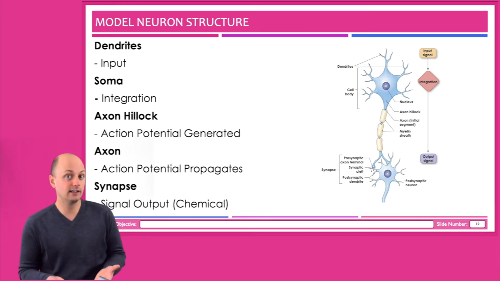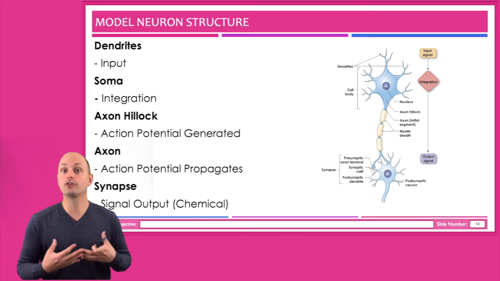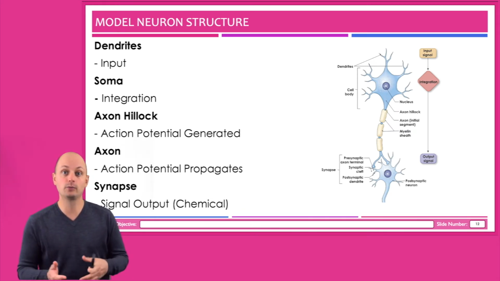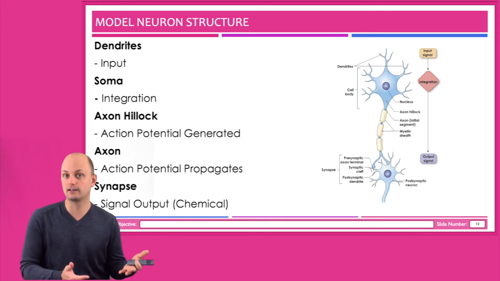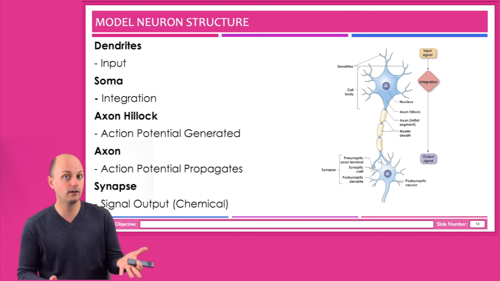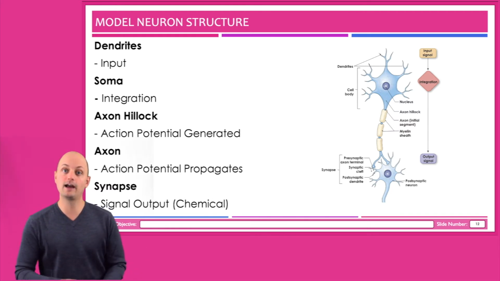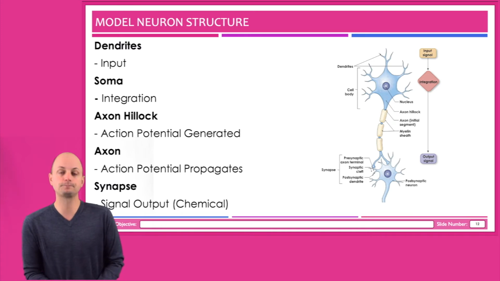The axon hillock is where the action potential is generated, and it spreads through the axon over a large distance into the axon terminal. The axon terminal is where the synapse is formed, and the signal gets relayed to the next cell, which again could either be a neuron, as in most cases we'll talk about, or some other cell type, as we'll talk about towards the end of the course.